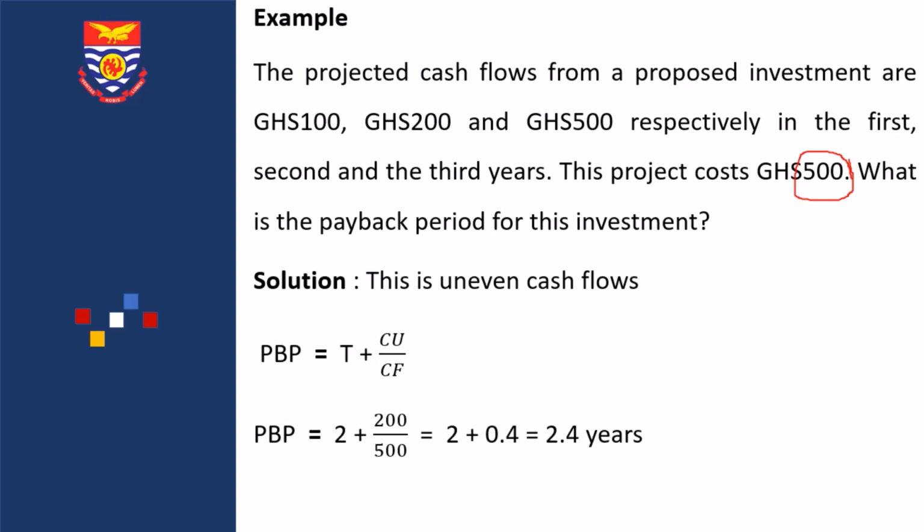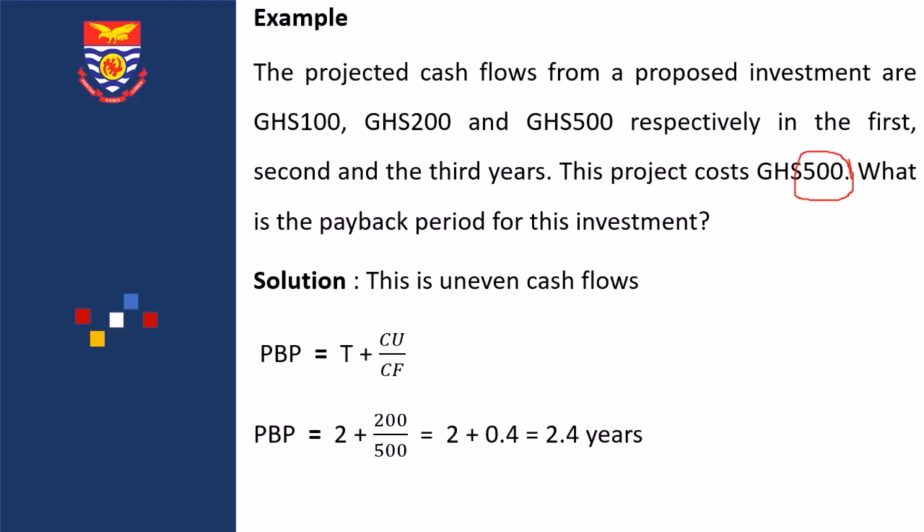And for the uneven cash flows, CU is the unrecovered cost. We have 300, so how much do we need to make up the 500? We need 200. So 200 is the unrecovered cost, and the cash flow during that year is the 500.